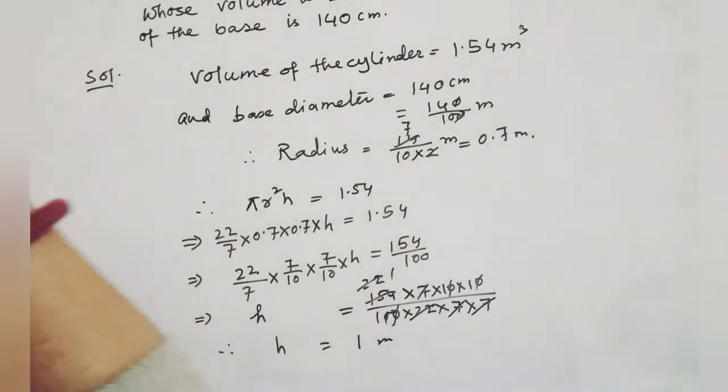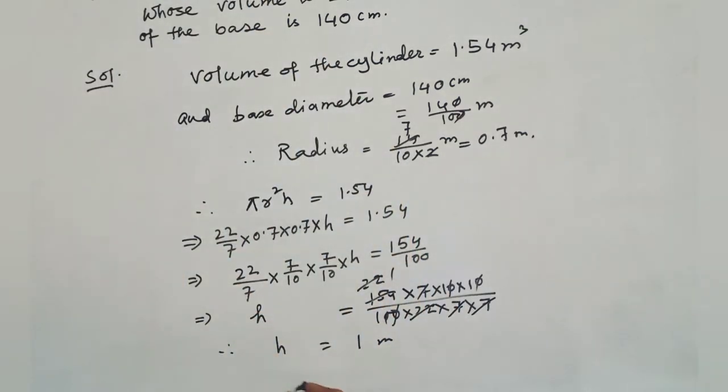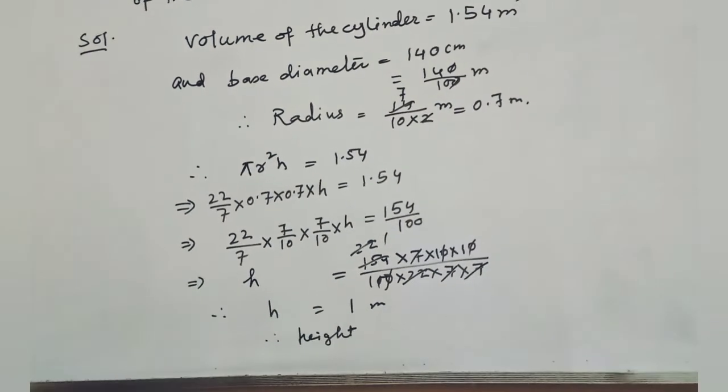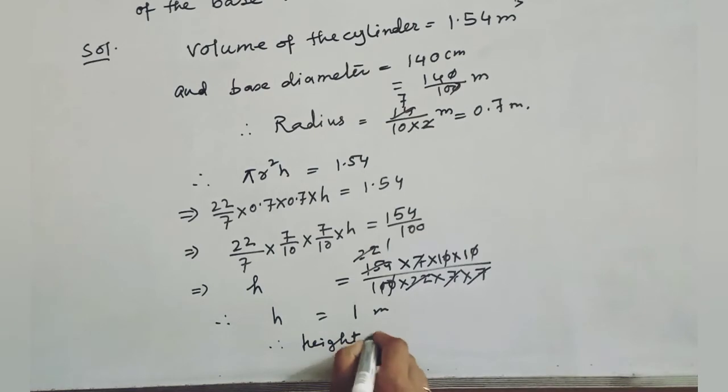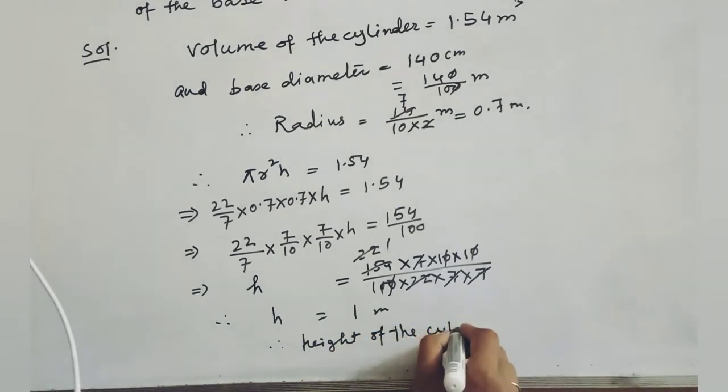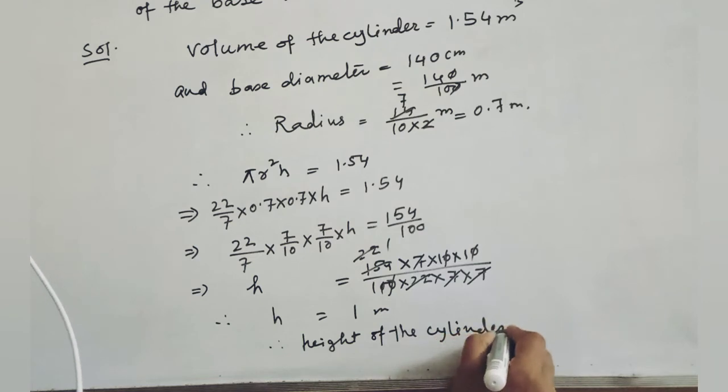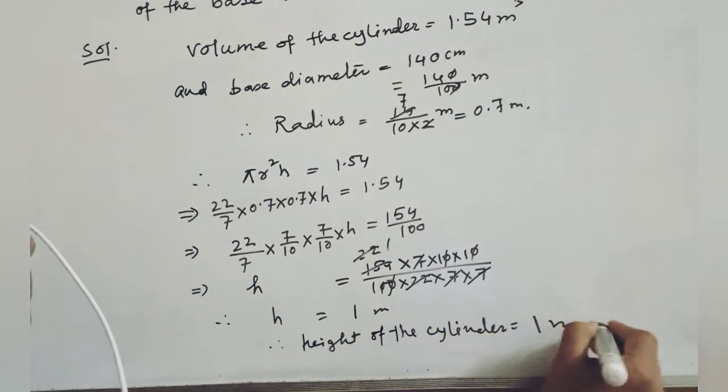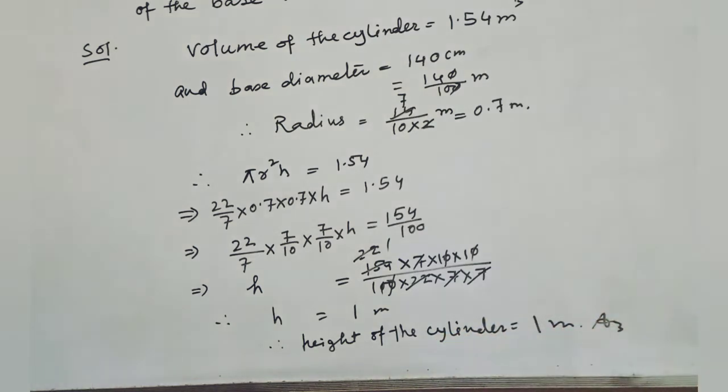Now we had to find the height of the cylinder. Therefore height of the cylinder is equal to 1 meter. Understood? Everything was given.